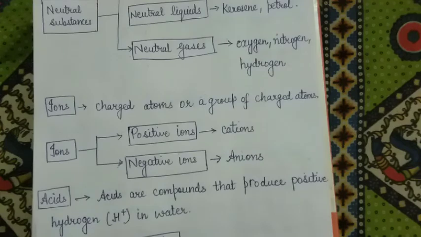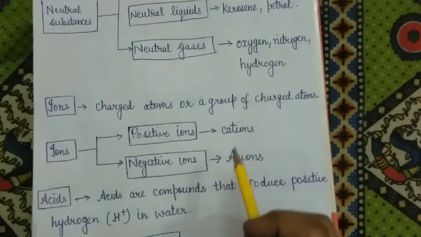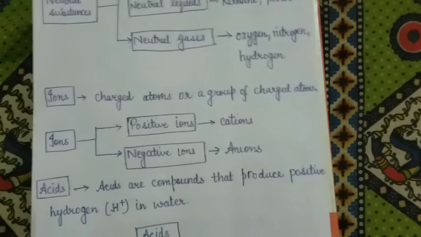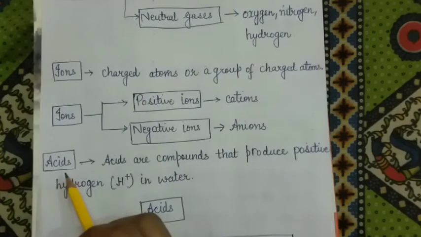Positive ions are those ions which have positive charge, and they are also known as cations. Whereas negative ions are those which have a negative charge and are known as anions.